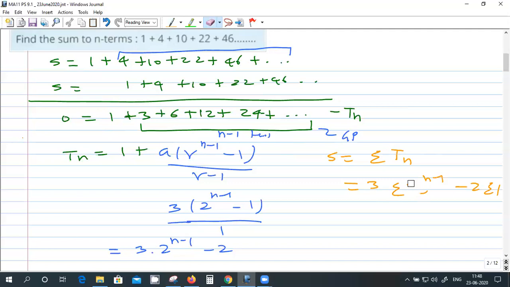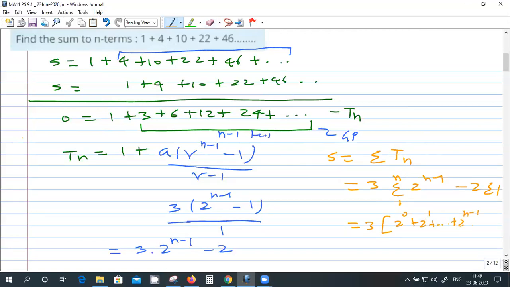How do you find this thing? This summation is n equal to 1 to n. So this is 3 times: n equal to 1 gives 2 raised to the power 0, then 2 raised to the power 1, and so on up to 2 raised to the power n minus 1.